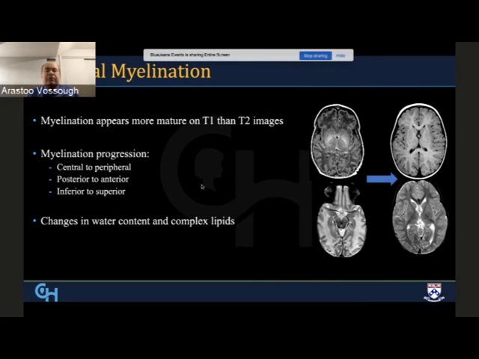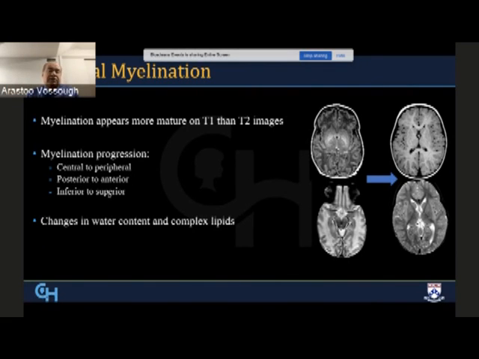For example, in a neonate, you might have myelination in small parts of the corticospinal tract, ventrolateral thalamus, dorsal brainstem, and some of the median midbrain nuclei, and gradually that expands. As a general rule of thumb, myelination progresses from the center to the periphery, from back to front, and from inferior to superior.